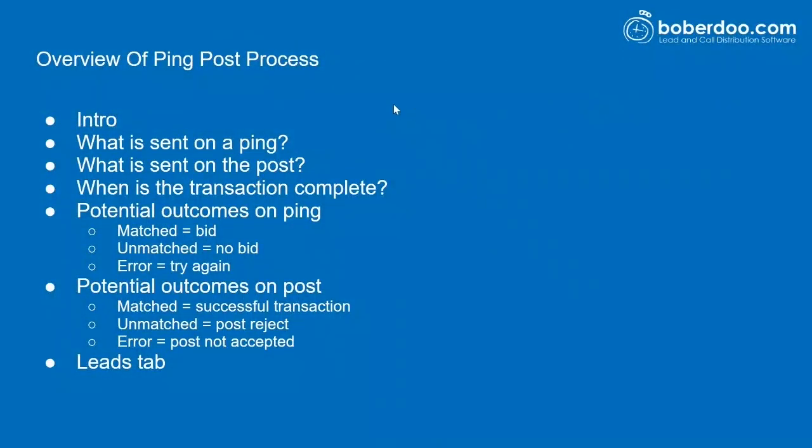Different buyers may require things like incident date in a legal vertical where others may not. And if you look at health insurance, income may be something that some require and others do not.